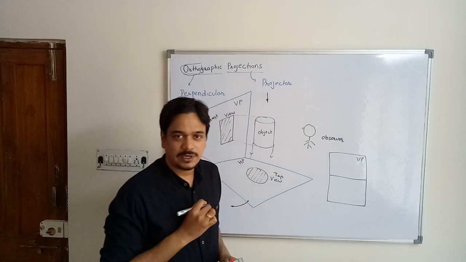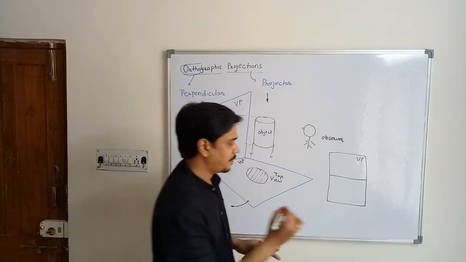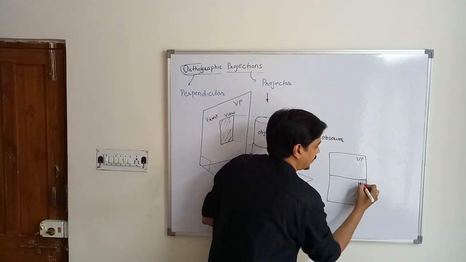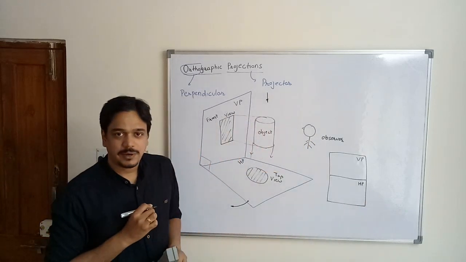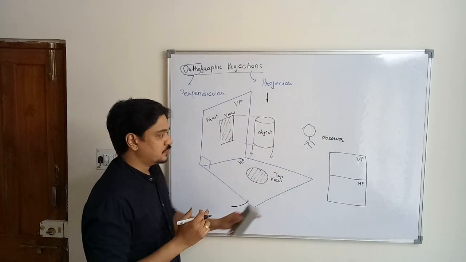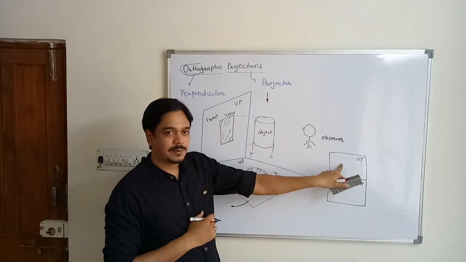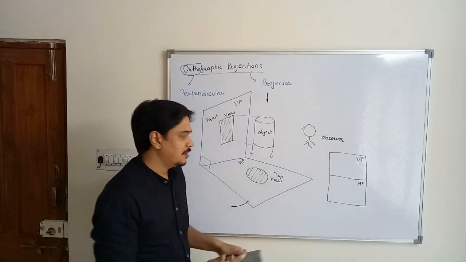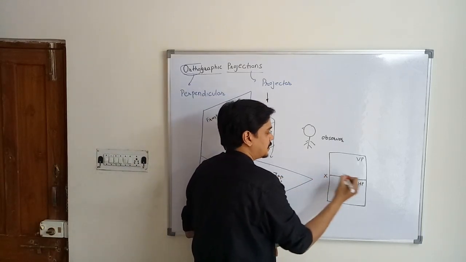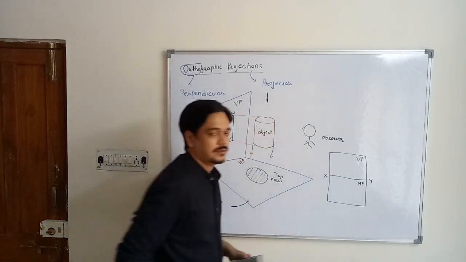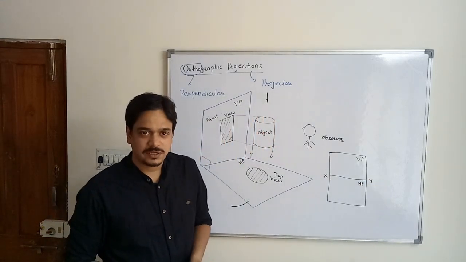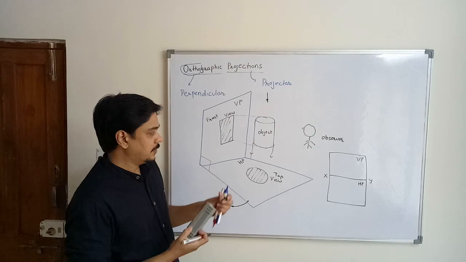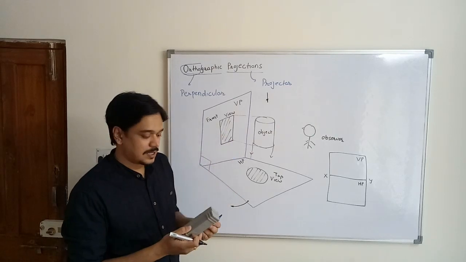So this is a vertical plane indicated by VP, and this is a horizontal plane indicated by HP. So the line joining this vertical plane as well as horizontal plane will be termed as XY. That is the datum line or reference line of these two planes.